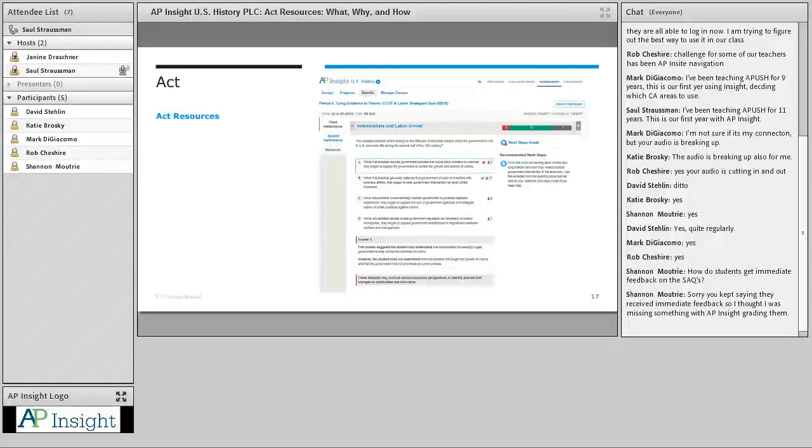Perhaps let me pause and ask you guys in this group, do you use the reflection piece? Do you use the next steps guide and have the students write down the reflections? If you want to respond in chat, that would be fine.